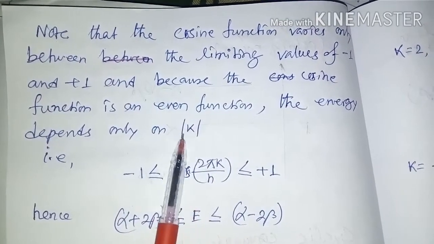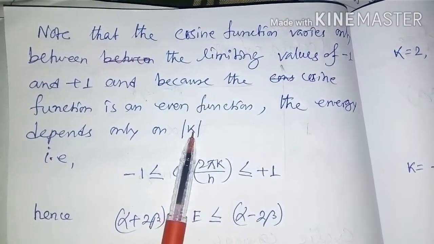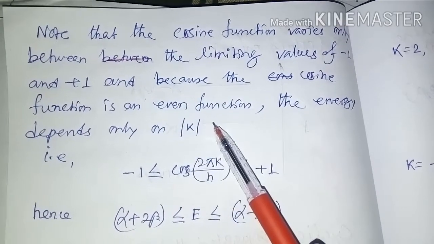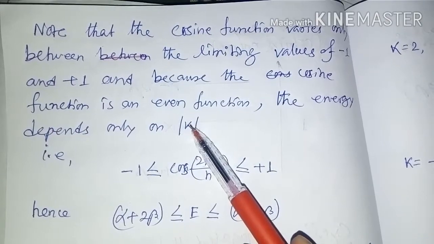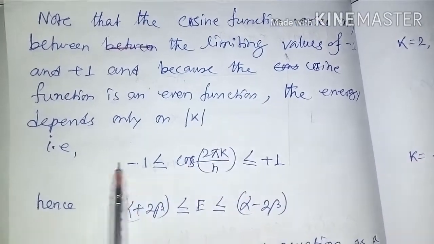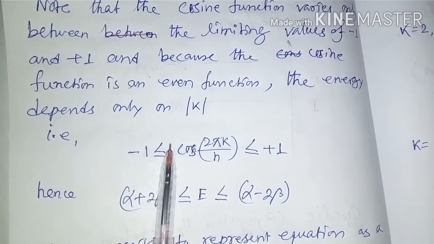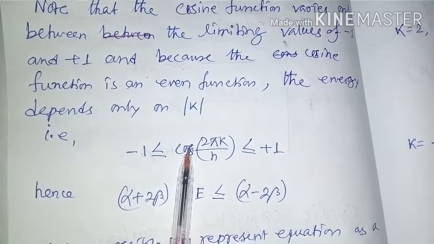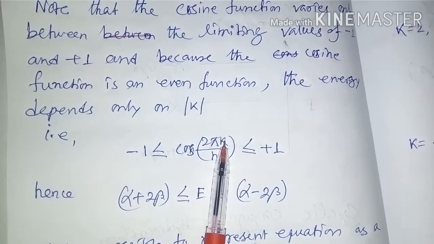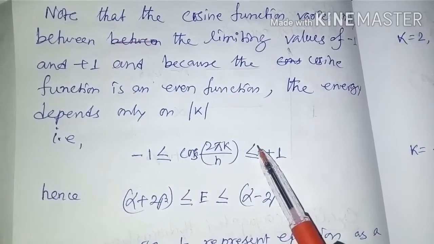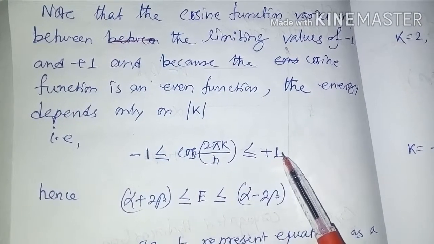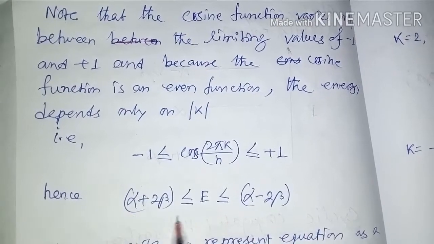Suppose k value is -1, then you can consider this as mod -1, that means plus 1. That means -1 less than or equal to cos 2 pi k divided by n, less than or equal to plus 1, hence this one.